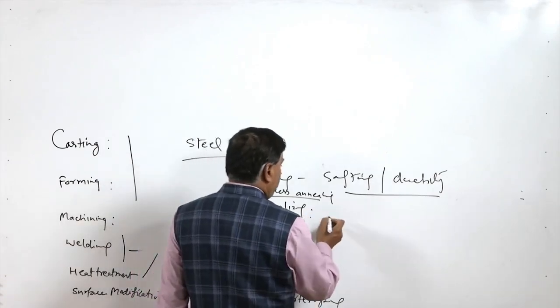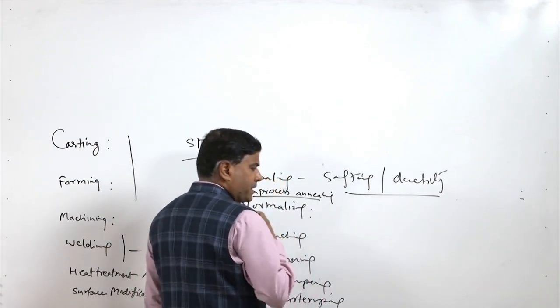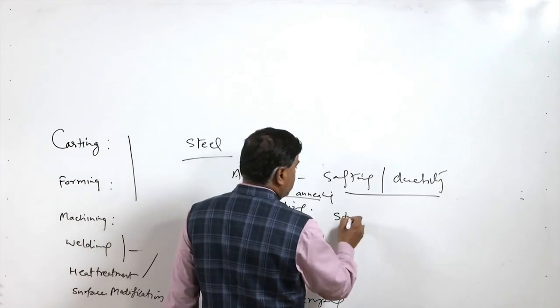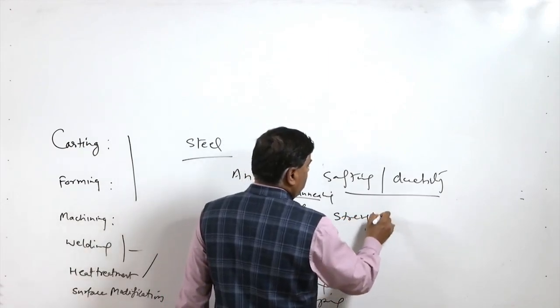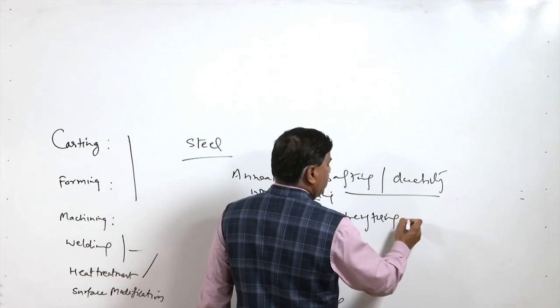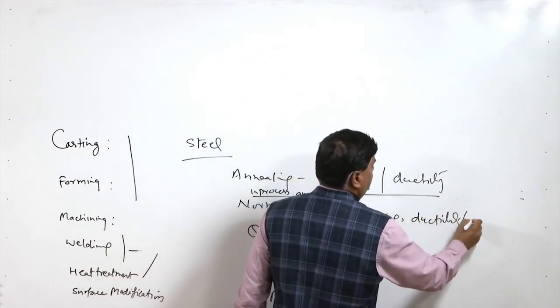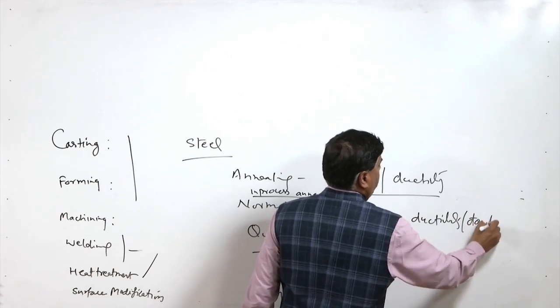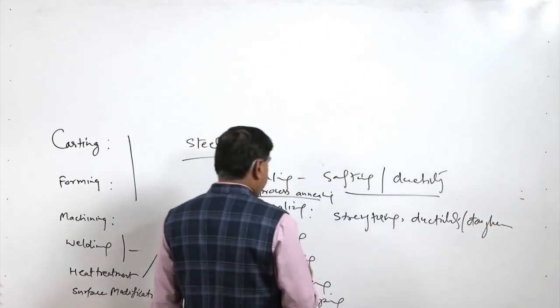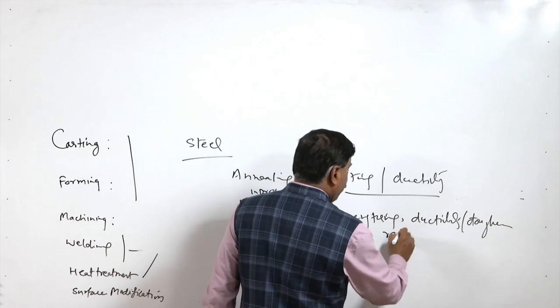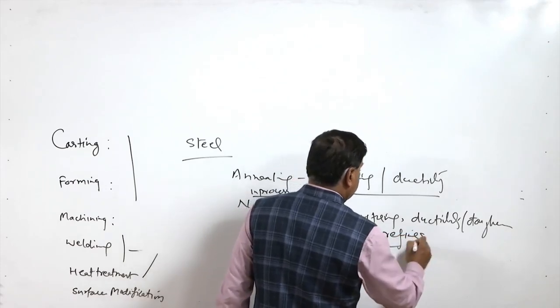This is used for relieving the residual stresses as well as strengthening the steel, as well as improving the ductility and toughness both, and it also refines the grain structure.